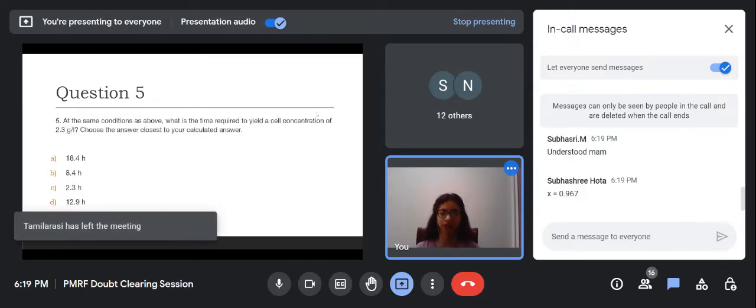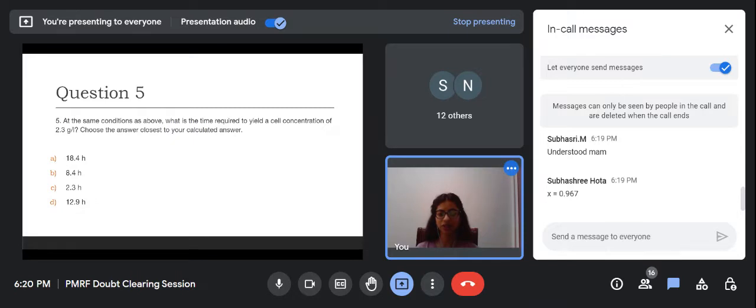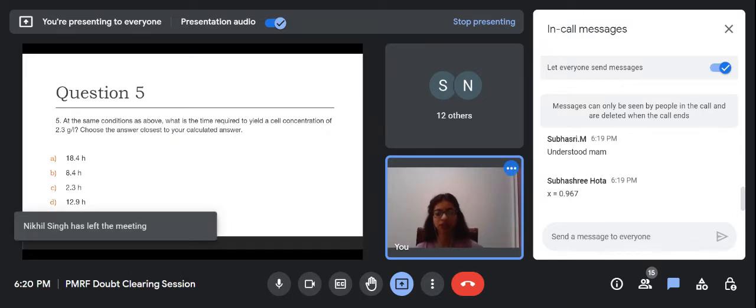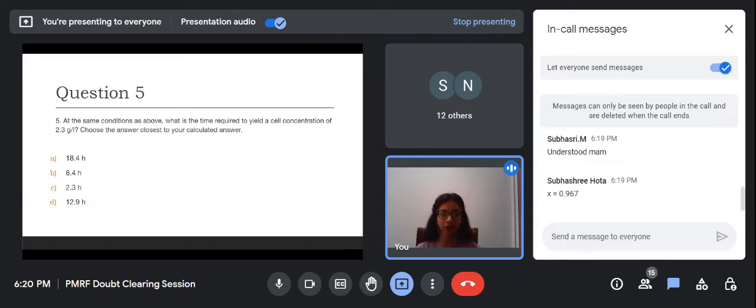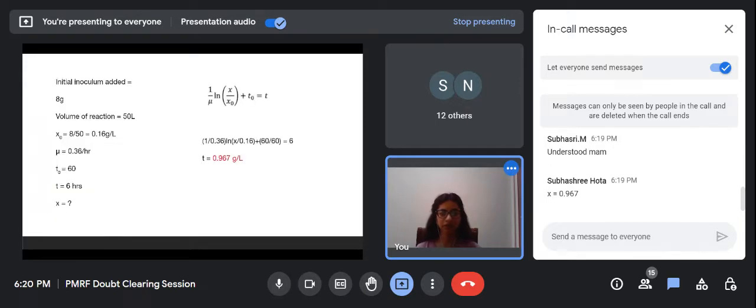Okay. So at the same conditions as above, what is the time required to yield a cell concentration of 2.3 grams per liter? Just write it down somewhere, 2.3 grams per liter. Use this formula again, because everything is there in this formula.